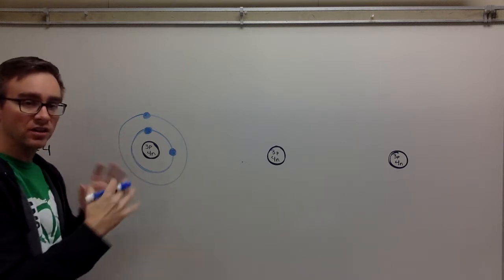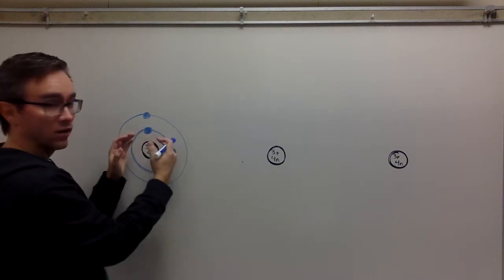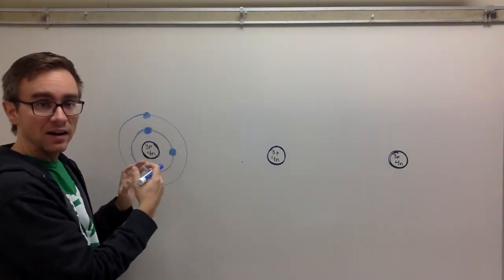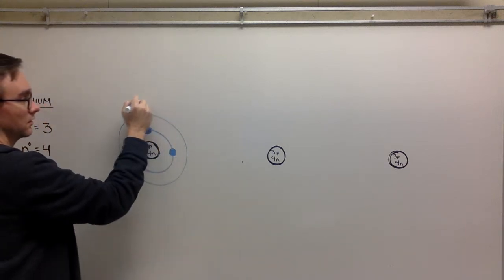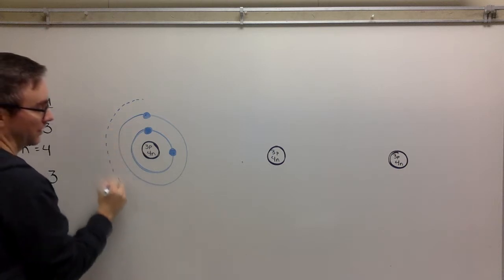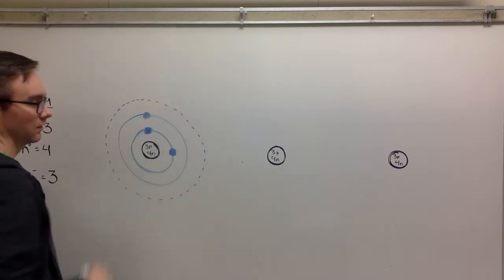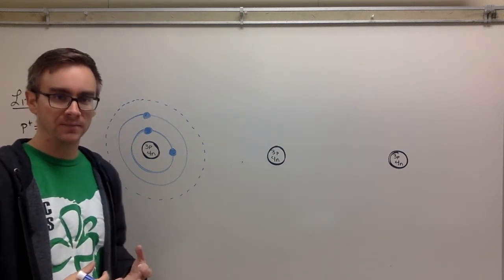Now remember, each energy level is a certain amount of energy. It can hold more electrons. First one is the weakest, then it gets to a second energy level, and there's not enough energy here to even get to the third one, but there is that third energy level. It's just empty right now.